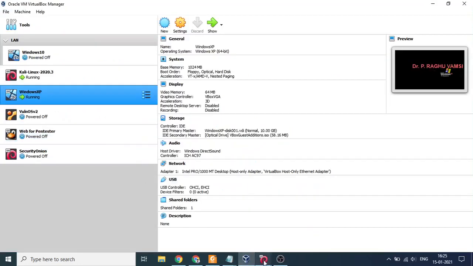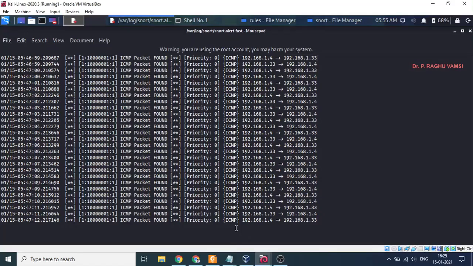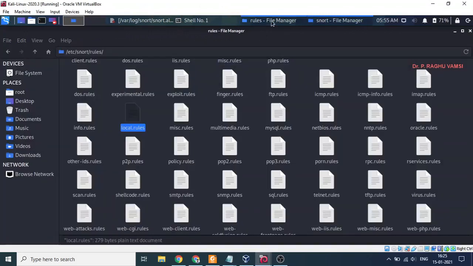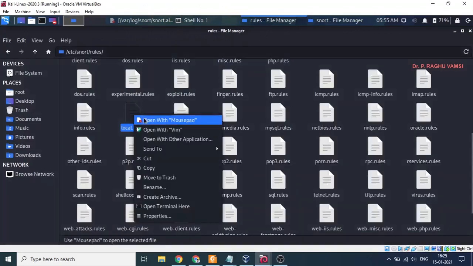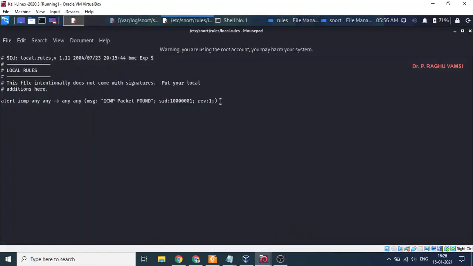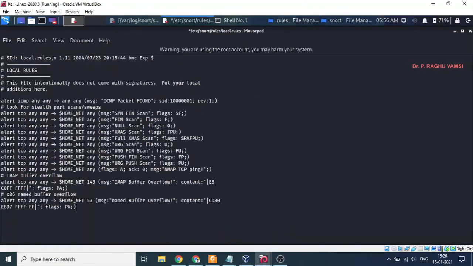At the same time, we'll use the local.rules here. So whenever you write your own rule, you are supposed to mention the SID.